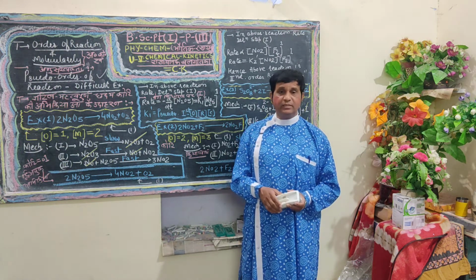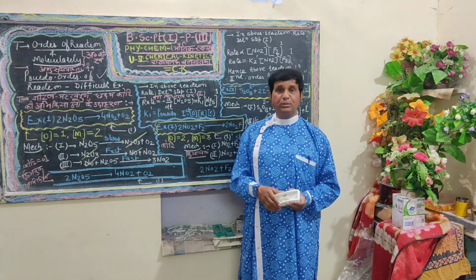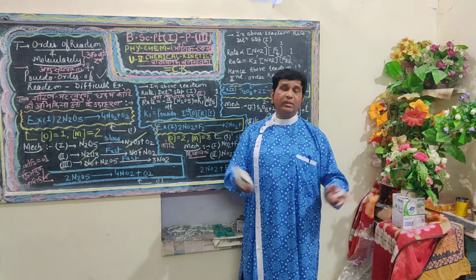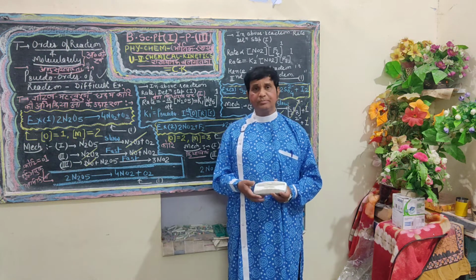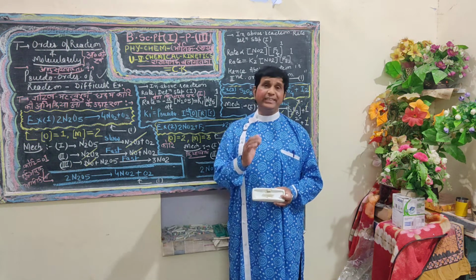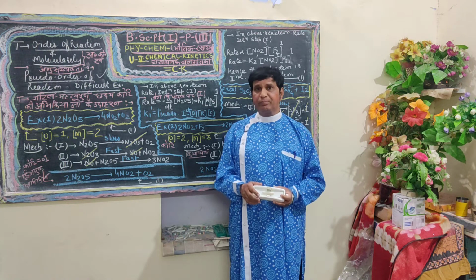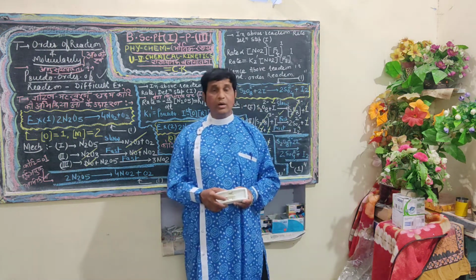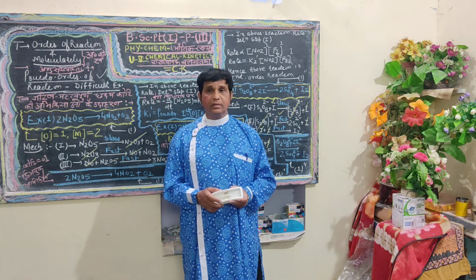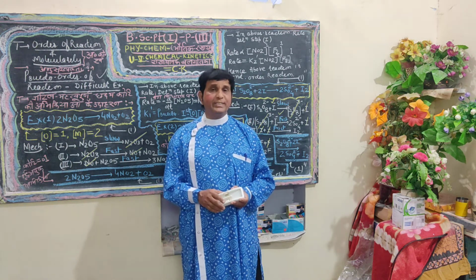The second factor, which is responsible for giving different values of order of reaction and molecularity, is mechanism. On the basis of mechanism, various reactions occur in various steps, more than one step.